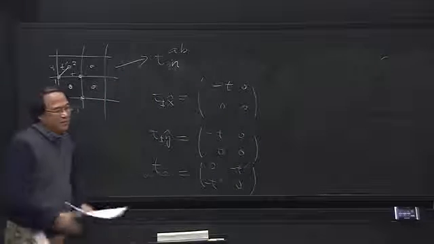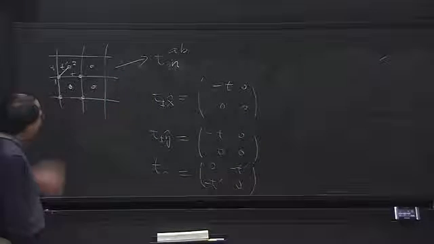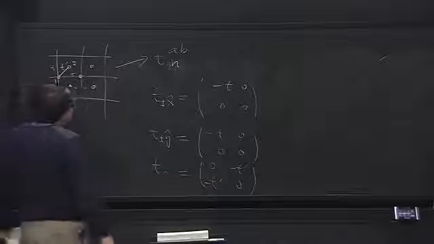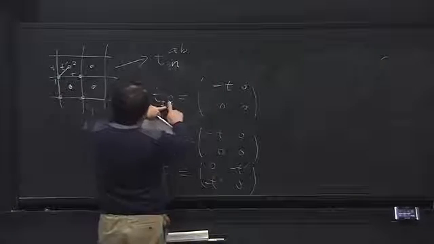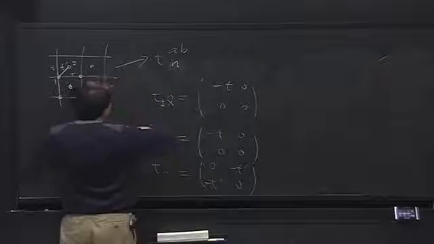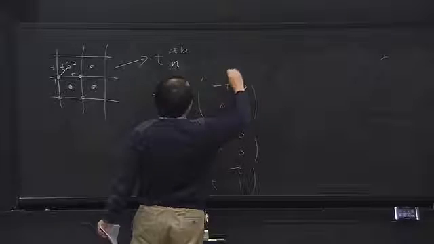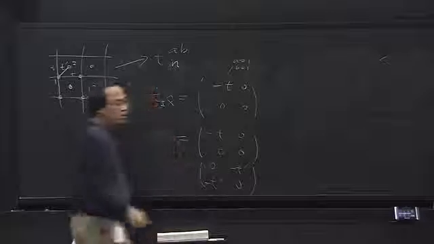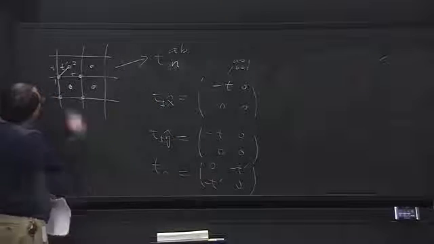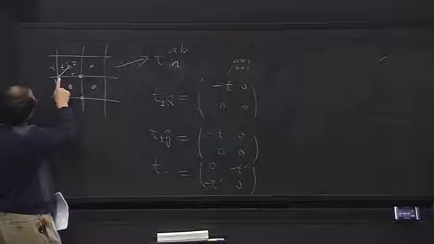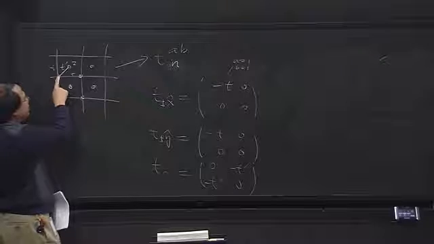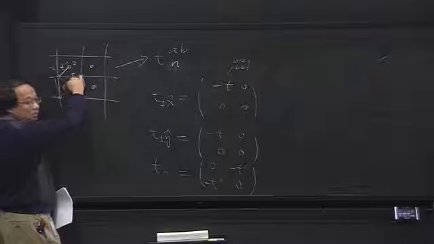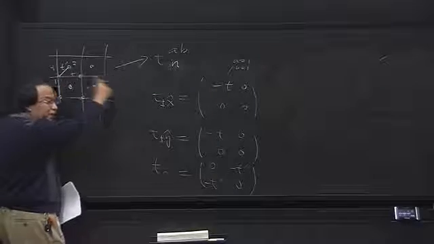This may be too quick, but let me explain. Actually, it's not too bad. So T plus or minus x equals minus t, that means this t actually is the 1,1 index. So here A equals 1, B equals 1. So that's the 1,1 index. So that means we have hopping from 1 in the first unit cell to the 1 of the next unit cell, but differing by x.